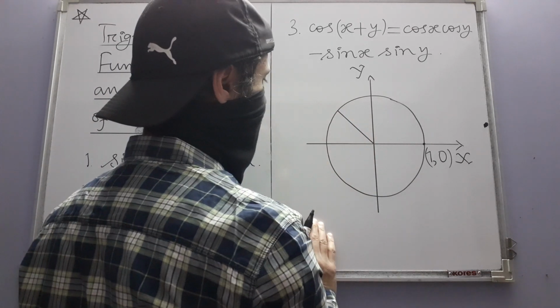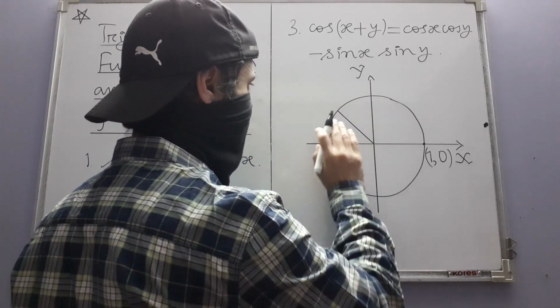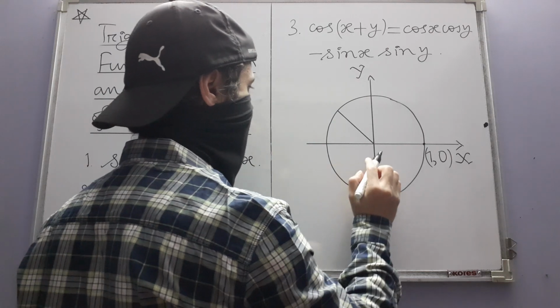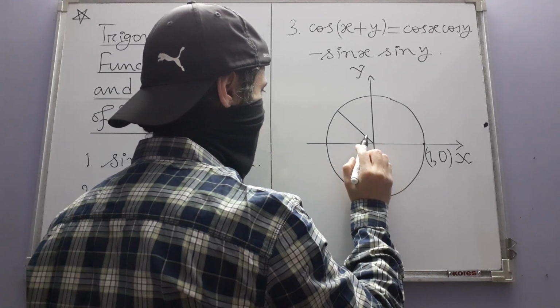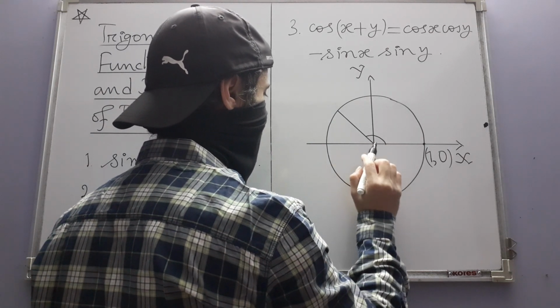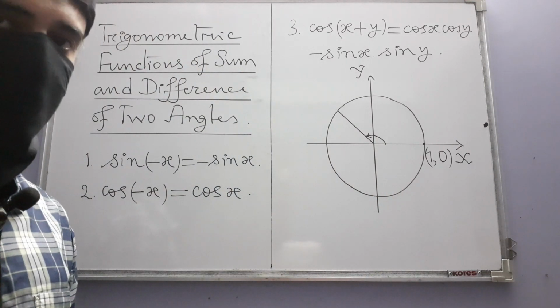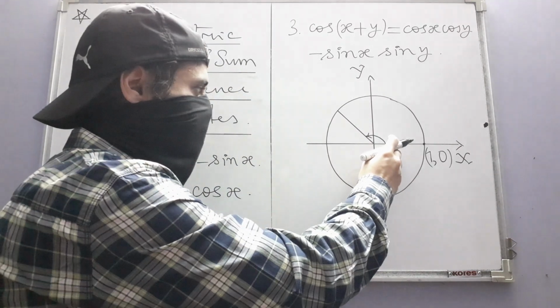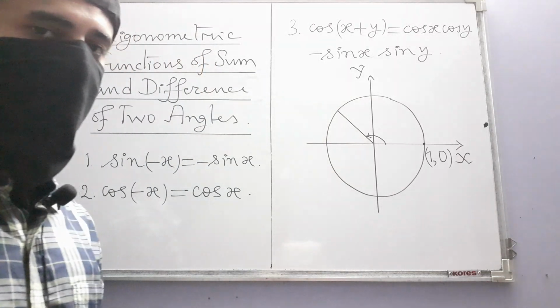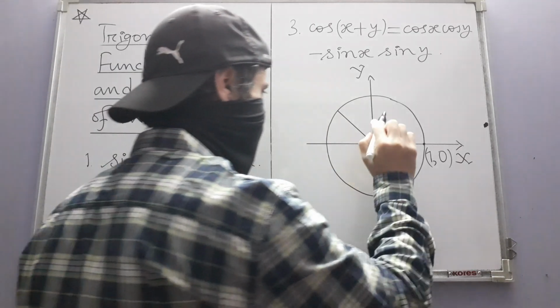So this is the final line, or the terminal line, of the angle x. And there is another assumption that we are using here, and that is that x is positive because the rotation is anticlockwise.